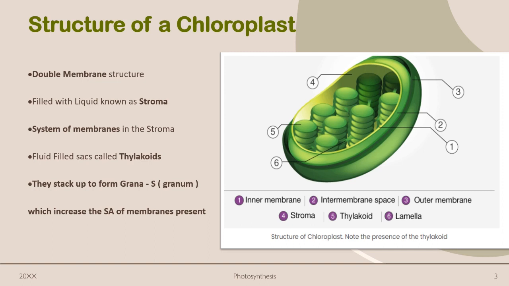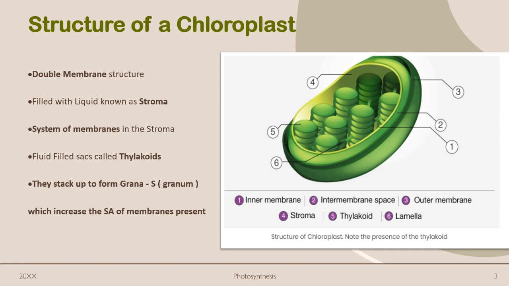Now this one, number five, you guys can see this is the thylakoid membrane. This single one is the thylakoid membrane, the single disc. These stacks of discs which are joined together are called the grana. Well, singular is always granum, and the plural is always grana.